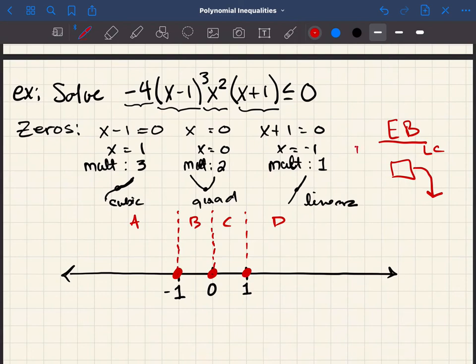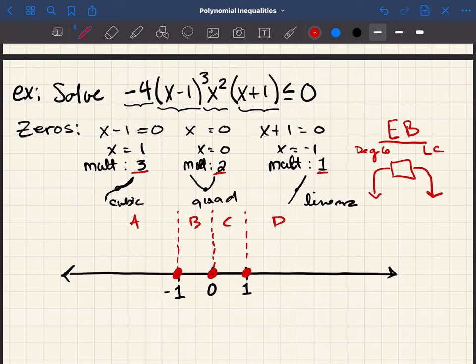And then we need to look at the degree of our polynomial for our left-hand side. And so again, if you remember, our degree would be the sum of all of our multiplicities added together. So we have 3 plus 2 plus 1, so that's going to give us a degree 6. So that's even, so that means that my left-hand side has to match my right-hand side.